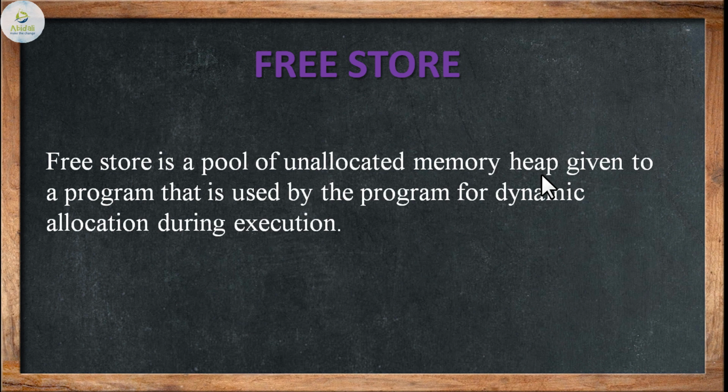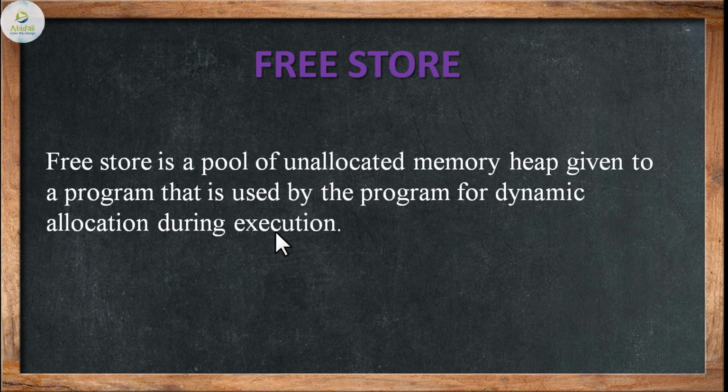Now, why do we use this unallocated memory heap? It is usually given to a program, used by the program for dynamic allocation during the execution of the program. So when we talk about the new and delete operators, we take the memory from the free store, or from the pool, or from the heap, but here in the free store we are talking only about dynamic allocation.